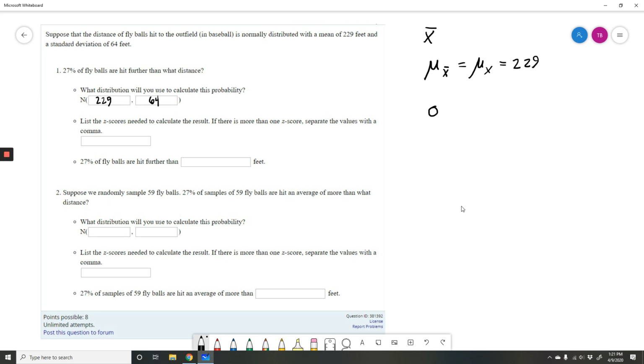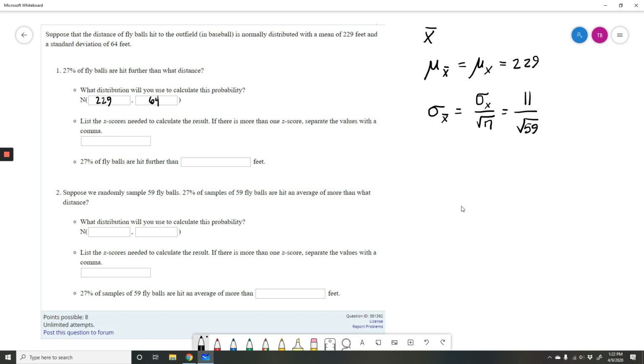And then the standard deviation of those sample averages, which according to the central limit theorem is the population standard deviation divided by the square root of the sample size. In our case, that's 11 is the population standard deviation over the square root of 59.